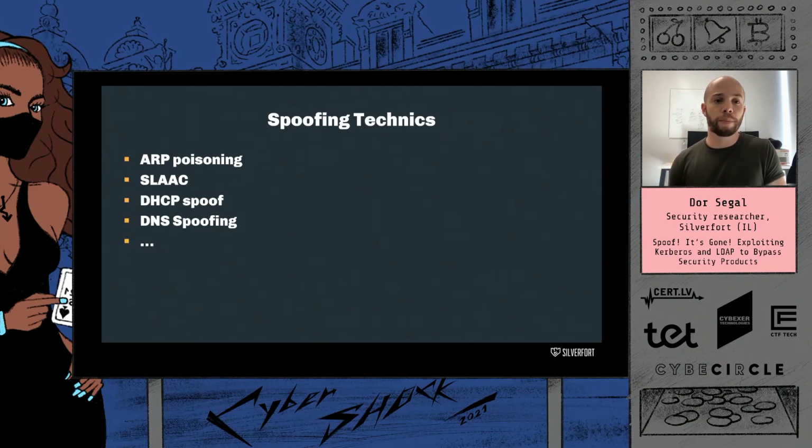For example, ARP poisoning, where we can manipulate the ARP table of a computer; stateless address autoconfiguration, where we can attack the IPv6 NDP; we can spoof the DHCP response to a computer, replacing the DNS server and the default gateway.